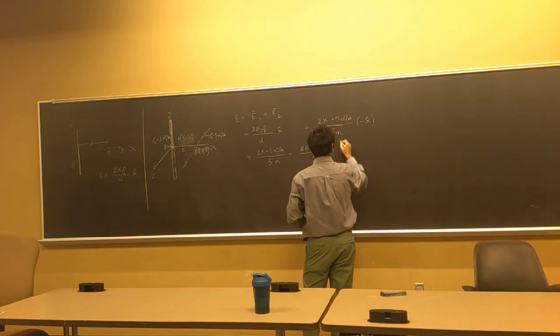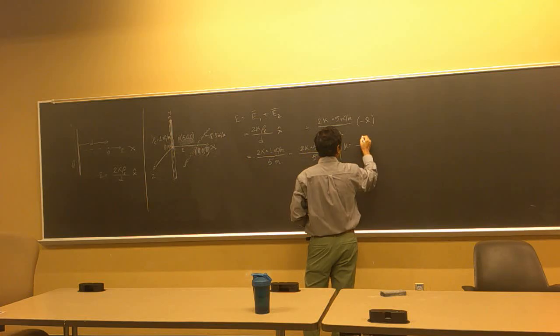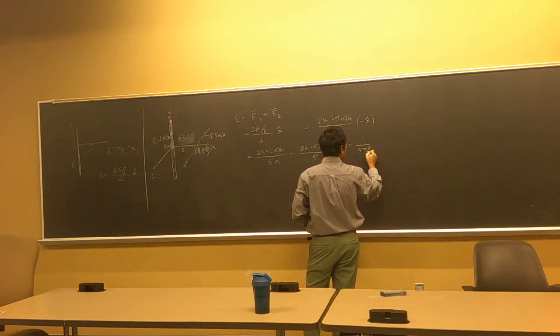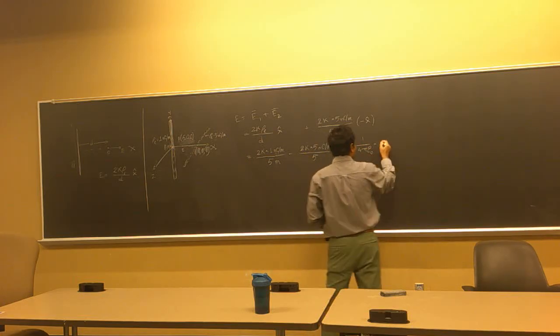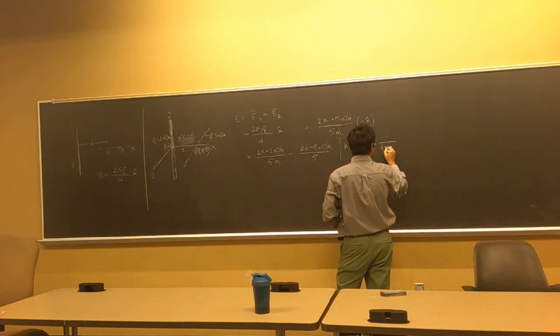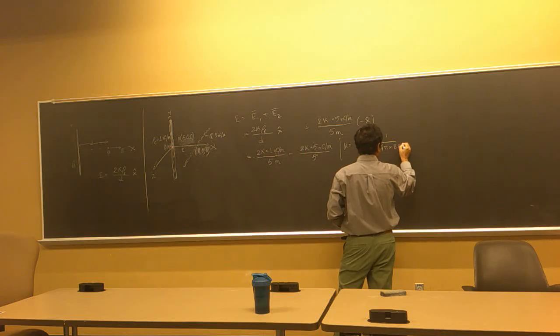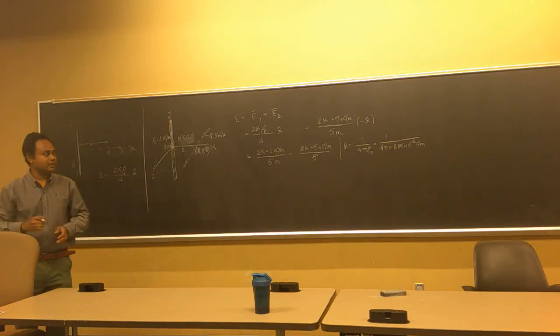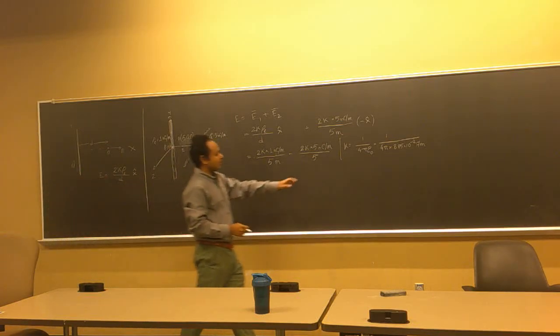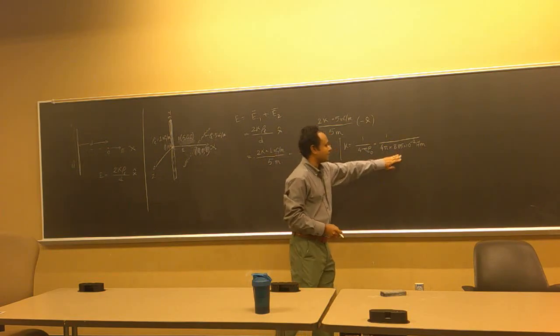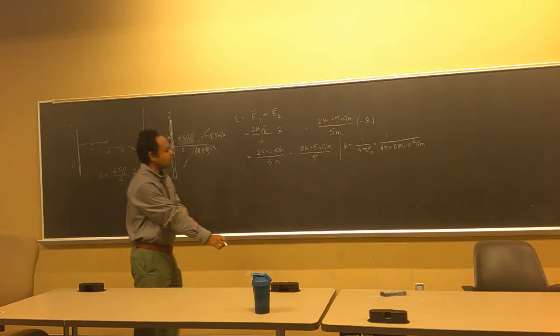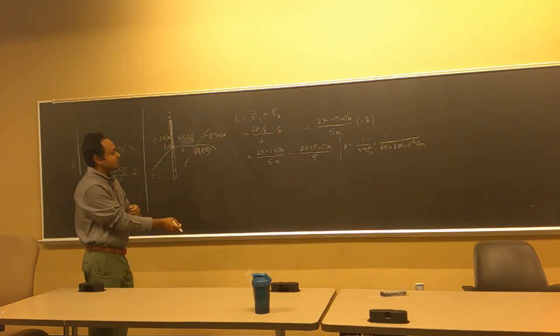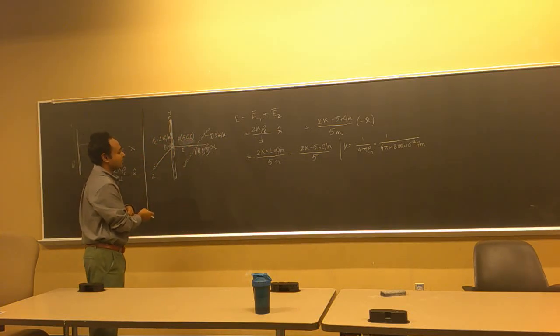And the value of k typically in air, in free space, is 4 pi epsilon naught, where epsilon naught is a constant, and I give you the value of epsilon, 8.85 multiplied by 10 to the power minus 12 farad per meter.